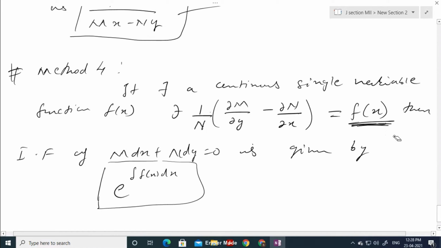So you can have a constant, or a pure function of a single variable x. Then the integrating factor is given by e to the power integral f of x dx, and this result will always be in terms of x only. You multiply this quantity with the given differential equation, and that will be converted to an exact differential equation. Got it?